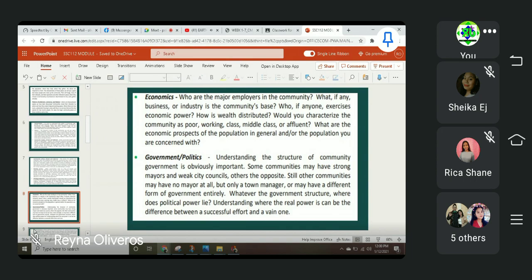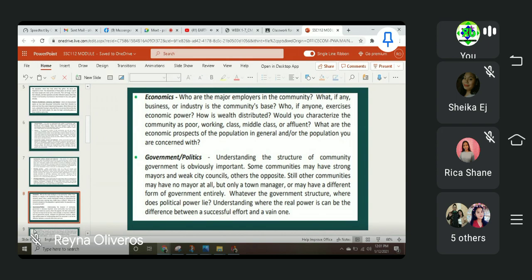Okay? So, another one is the government and politics. Okay? Pagdating sa government and politics, sabi dito, understanding the culture of community government is obviously important. Some communities may have strong mayors and weak city councils. Meron namang kabaligtaran. 'Di ba? But still, other communities have no mayor at all, but only have a town manager.